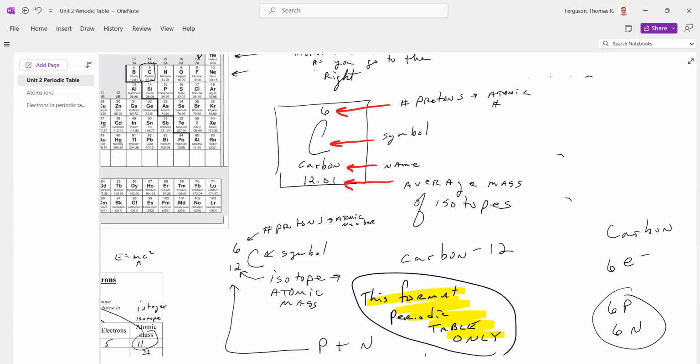So anyway, and then this is the average. Now, normally, when we write an element, we refer to the isotope number and the number of protons in the reverse way that they typically appear on the periodic table.